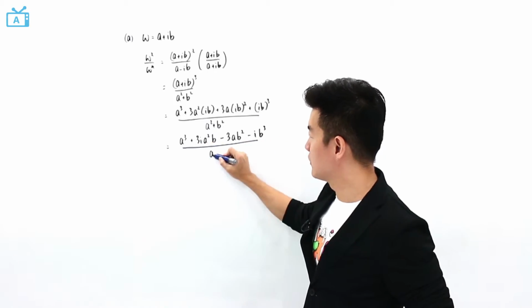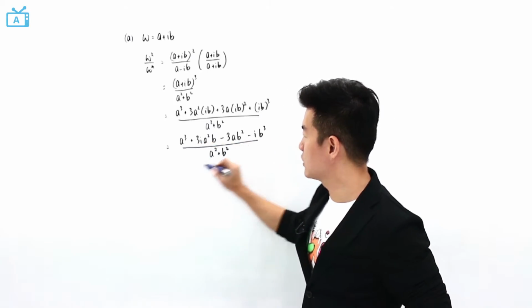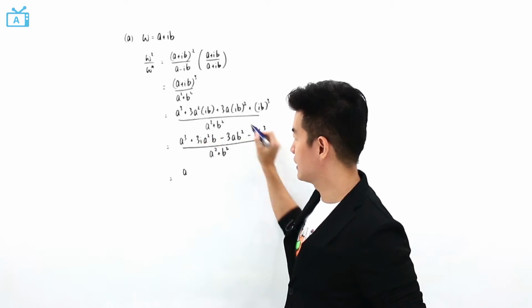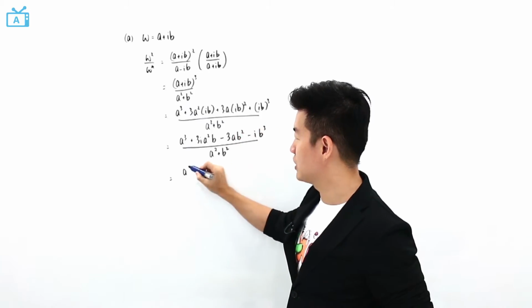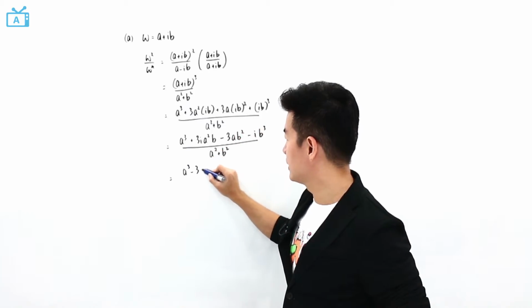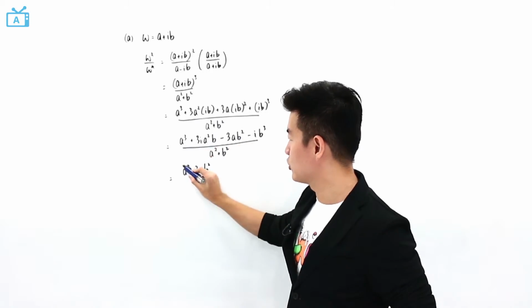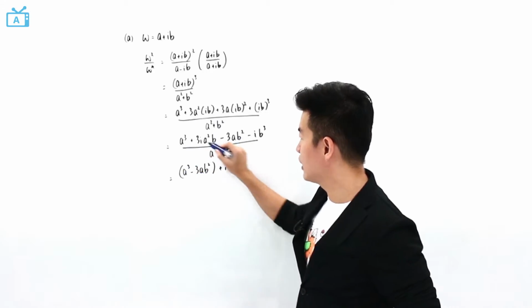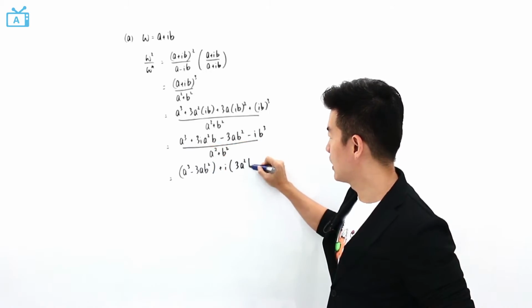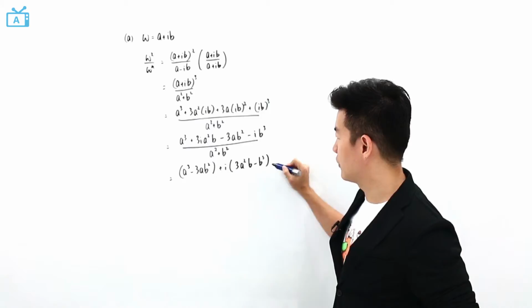And this is going to be divided by a squared plus b squared, and I'm going to reorganize the numerator so that it is in terms of the real portion and the imaginary portion. So a to the power of 3 minus 3ab squared, I'm going to group this together, plus i of the other portion, which is 3a squared b minus b to the power of 3.